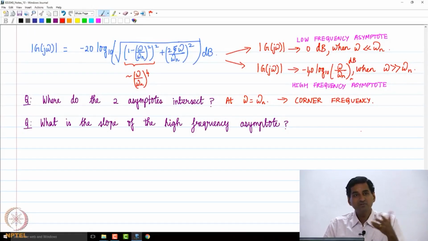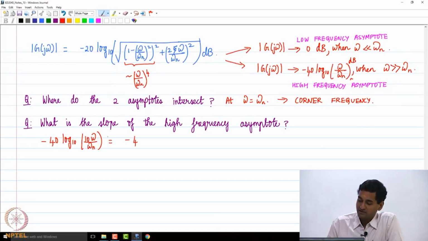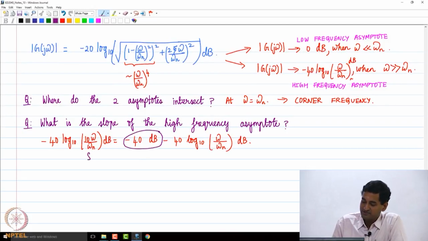So instead of omega you substitute 10 times omega. What do we get? Minus 40 log to the base 10 of 10 times omega by omega n is equal to minus 40 decibels, minus 40 log to the base 10 of omega by omega n in decibels, right? So what is the slope?